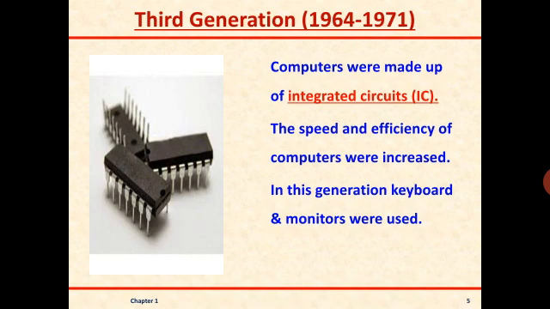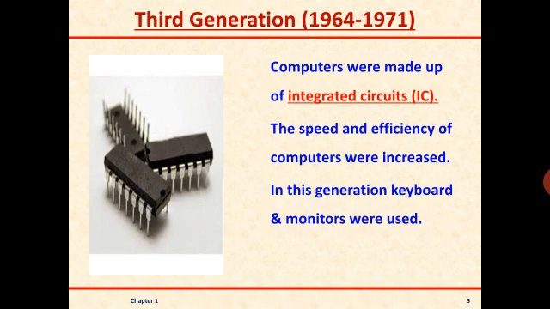Integrated circuit means what? The transistors we had earlier were now placed onto small silicon chips. It automatically increases the speed as well as the efficiency of the computer. So this is the advantage over the second generation.